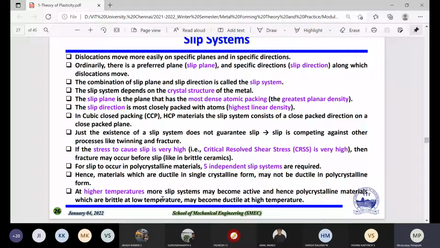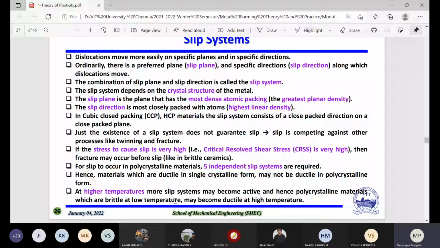And I also mentioned that at a higher temperature, most slip systems may become active, and hence polycrystalline materials which are brittle at low temperature may become ductile at high temperature. Sometimes, to remove that internal stress, you have to go for heat treatment, which means you have to increase the temperature.